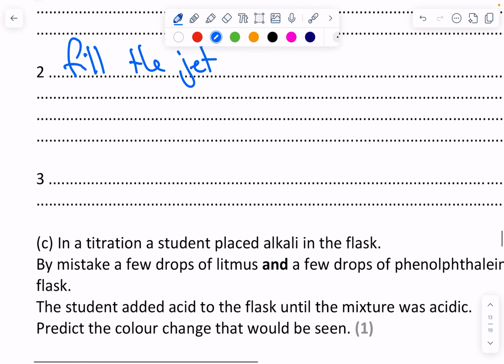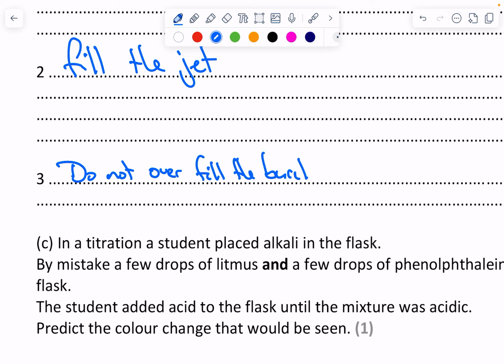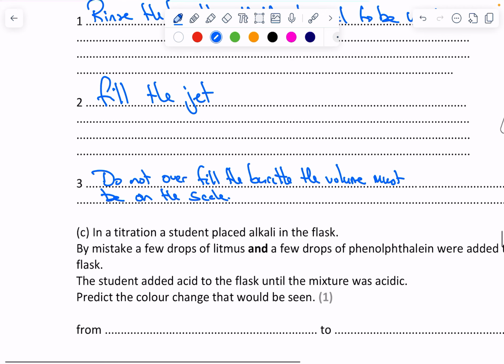So what we did when we did this in class is do not overfill the burette. The volume must be on the scale. So there's 3 things we do to improve the experiment.